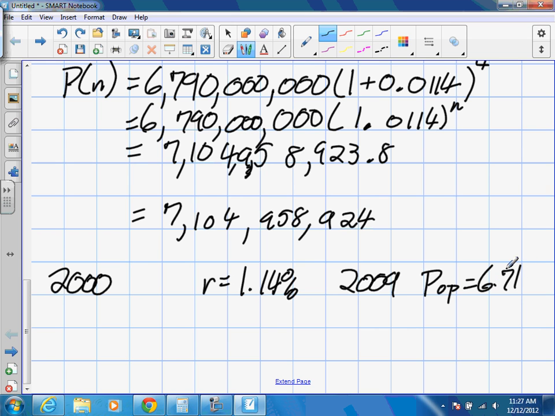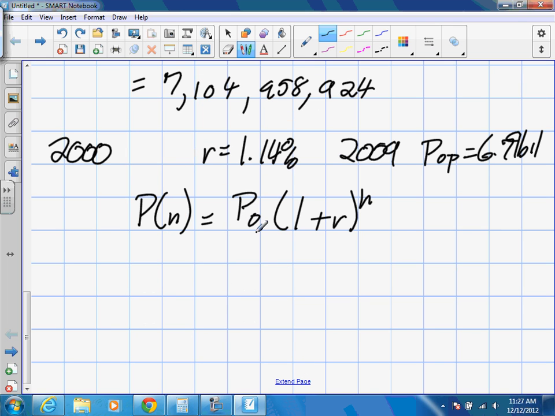So, in order to set this formula up, this one is a little different. We have our future amount, which is Pn, P naught, 1 plus the growth rate to the power of n. Now, we are going to go backwards here, which means we know what our future amount is. In 2009, our future amount was 6.79 billion.